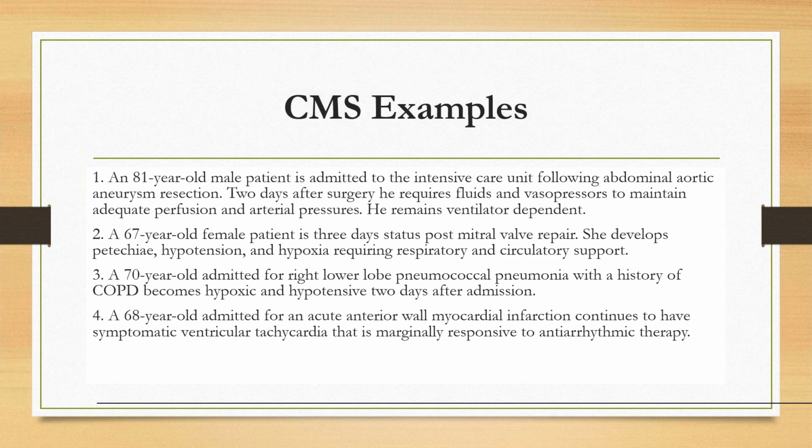So CMS gave us some examples of the type of patients who are in critical care typically, and these are urgent things. Here's a patient who had an AAA resection, and now she's coming in on a ventilator, post-mitral valve repair, hypotensive, hypoxia requiring respiratory and circulatory support.